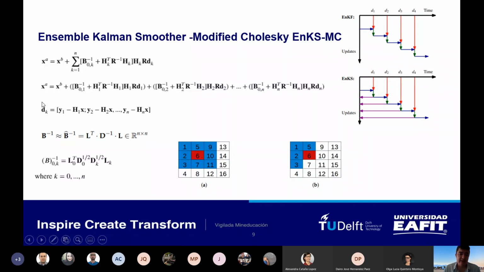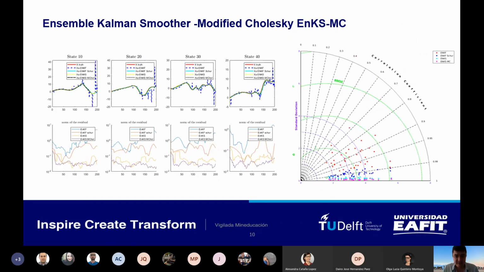So you plug in the deviation term, that is the difference between the observation and the model mapped with the observation operator, and you can reconstruct the analysis, having the expression for a covariance matrix that evolves in time per time. You can see here from 0 to k, being k the time in which you are updating. This methodology was also tested with the Lorenz with good results.